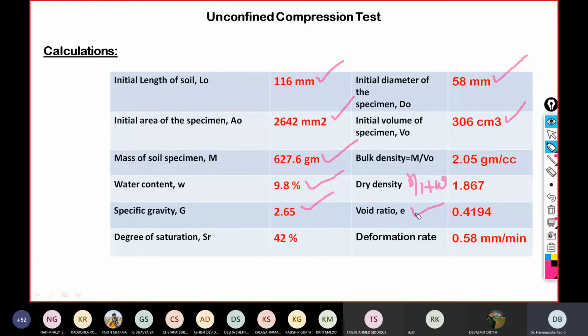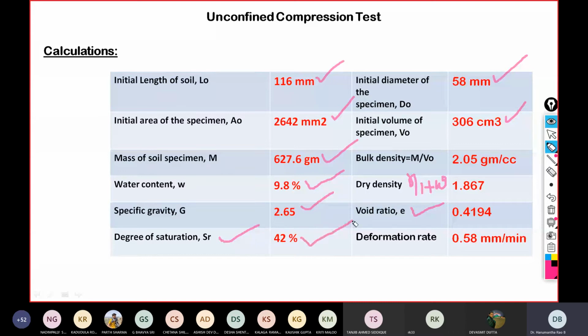Once void ratio is known, then I can calculate the degree of saturation. So what is the equation for degree of saturation? Wg is equal to S_r into e. So in this case, the sample was saturated to only 42%.